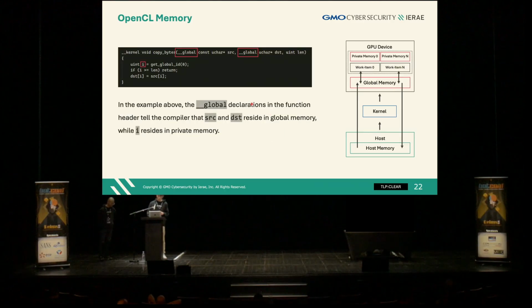If we jump back to my example kernel, this i variable would be in private memory over here, so it's just private to the kernel itself. However, you see these global declarations in the function header. This tells the compiler that source and destination will reside in global memory over here. So you have these different identifiers to specify it.